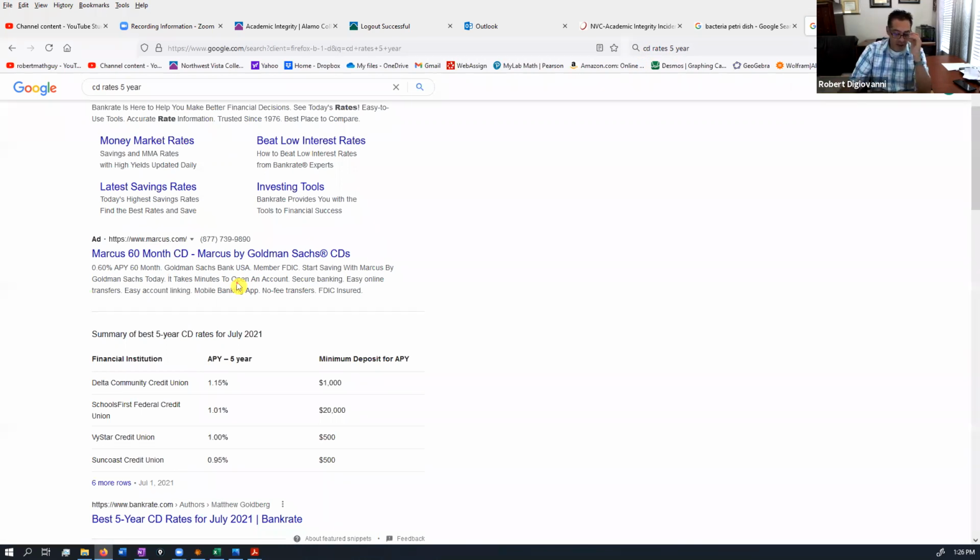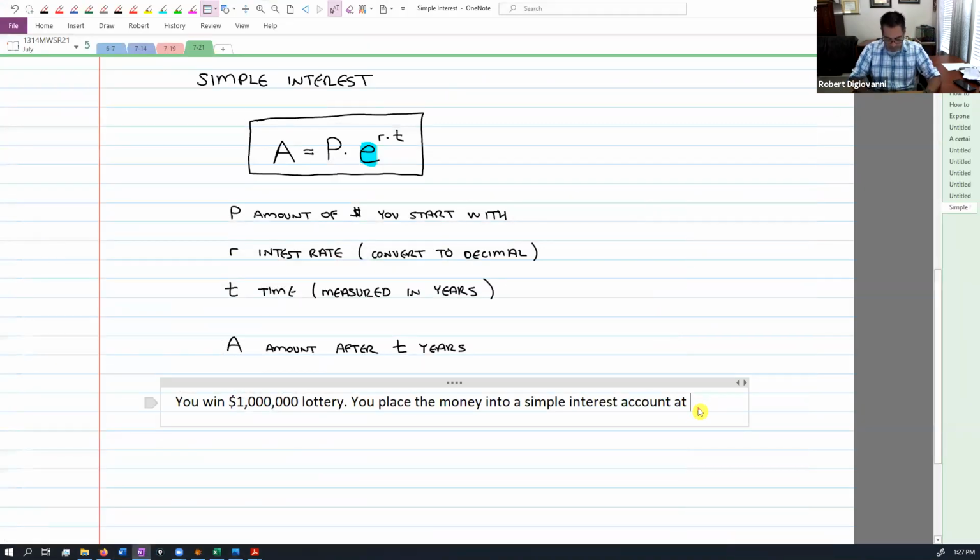And so let's say that we're going to take that money and put it into an account. Right now, the interest rates are pretty crappy, 1.15. Let's go with that one, at 1.15% for 5 years.